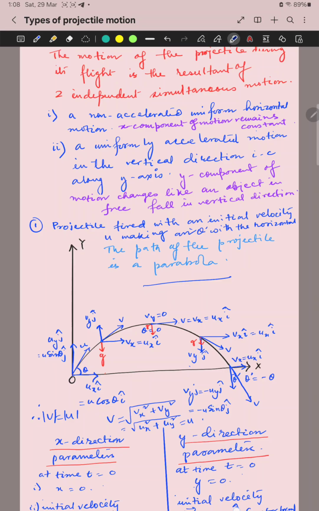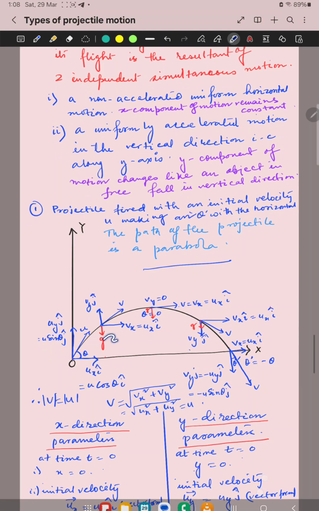Because along the x direction the projectile is not acted upon by any force, whereas when the projectile is rising gradually, and after attaining the maximum height, descending downwards to the landing point, all along this path it is acted upon by the force of gravity at all points.